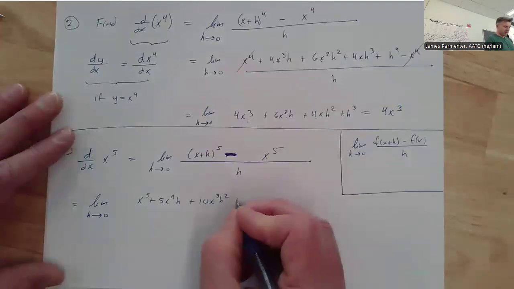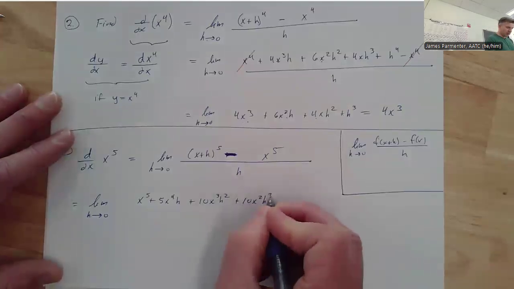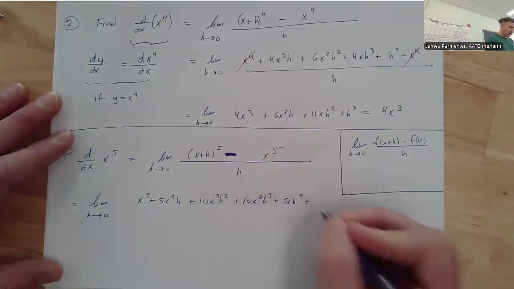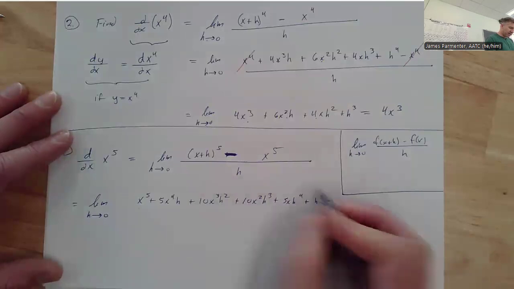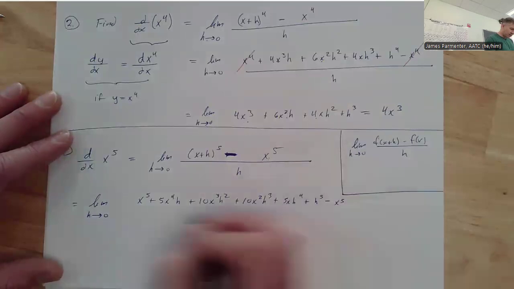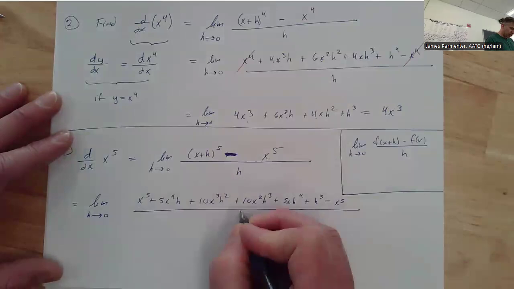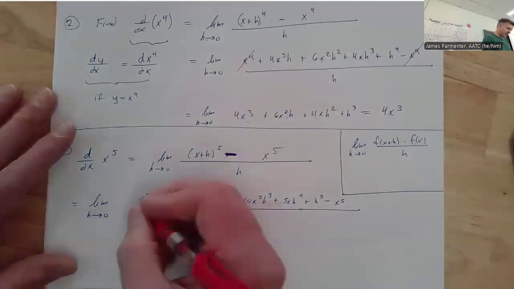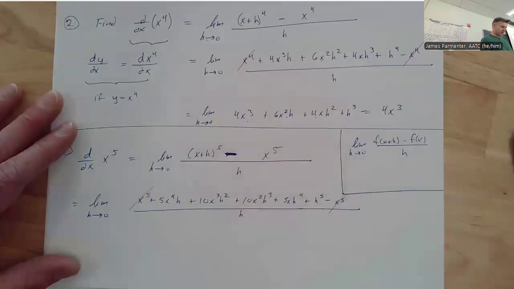So the next one's going to be 10x squared h cubed plus 5x h to the fourth plus 1 times h to the fifth, minus that x to the fifth over there, all divided by h. And then the x to the fifth terms subtract to 0.